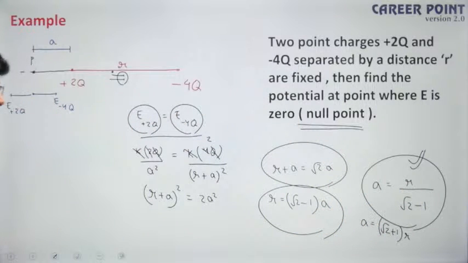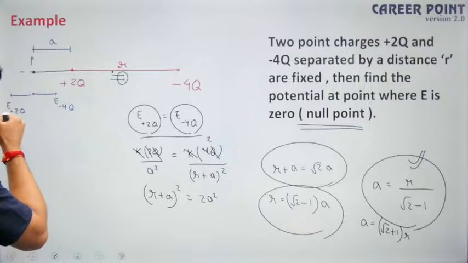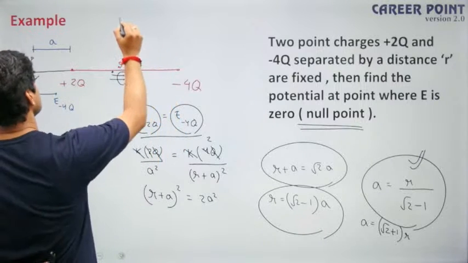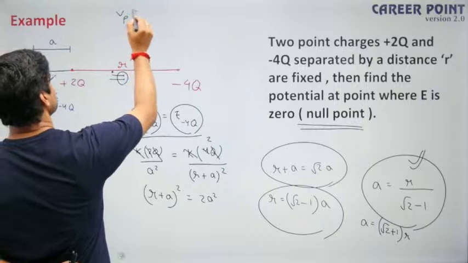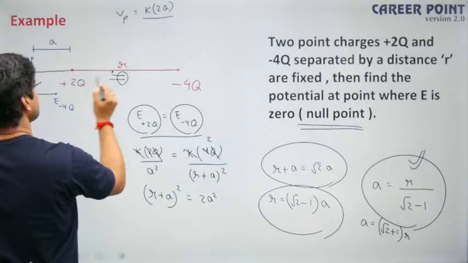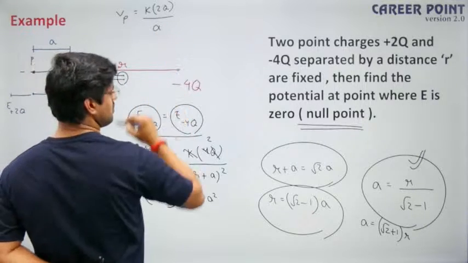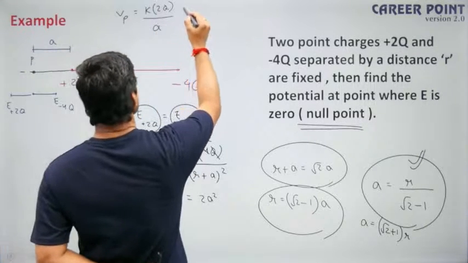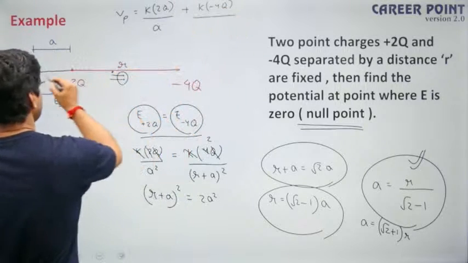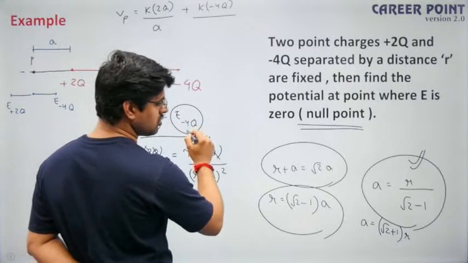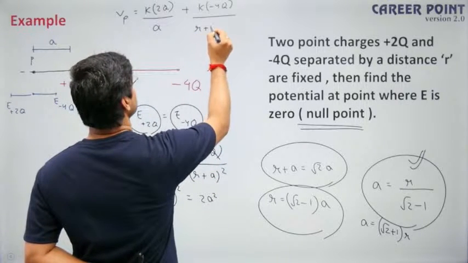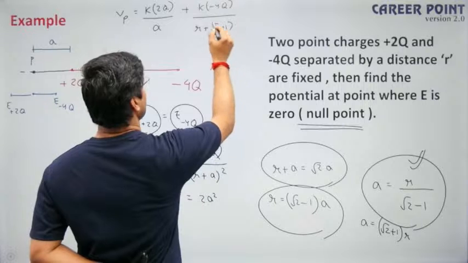So from here, Vp, potential at point P, is equals to K 2Q by distance A, plus K minus 4Q by distance R plus root 2 plus 1 R.